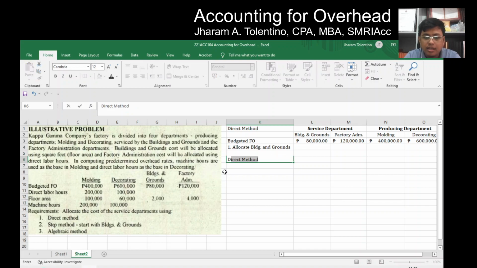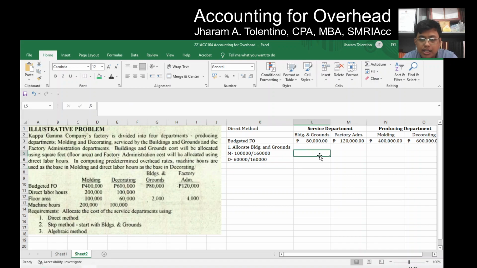For the decorating, you have 60,000 divided by 160,000. Ganyan yung magiging computations lang. Okay. So, this one is minus 80,000. So, paano mo again i-allocate? Madali lang.